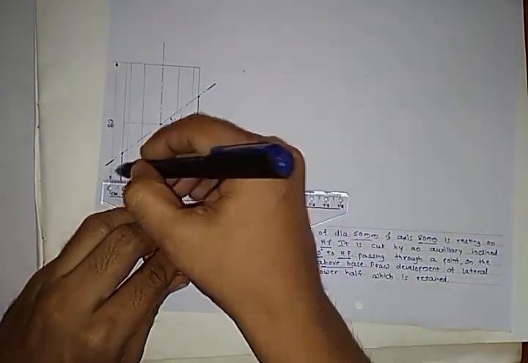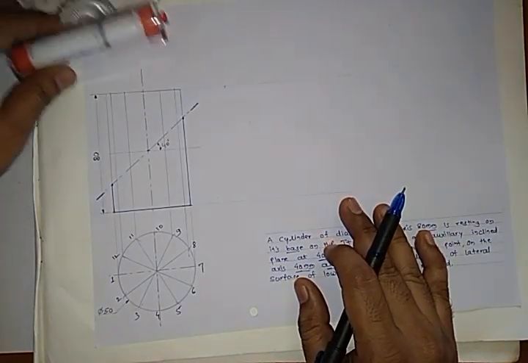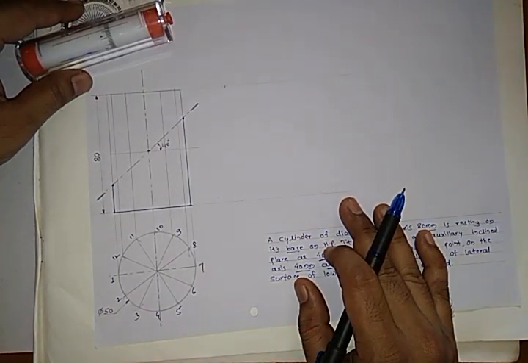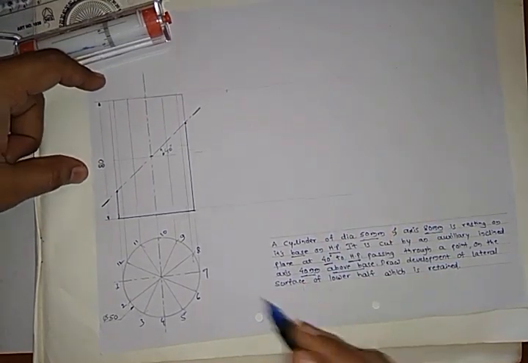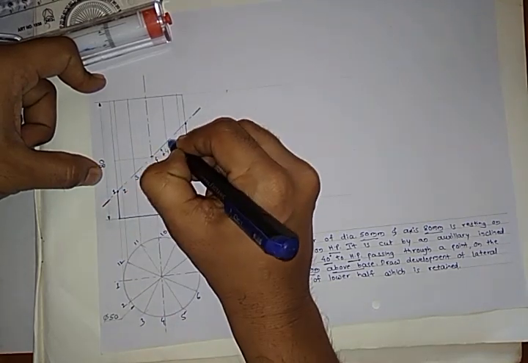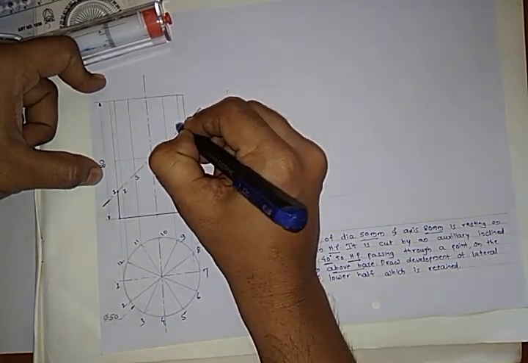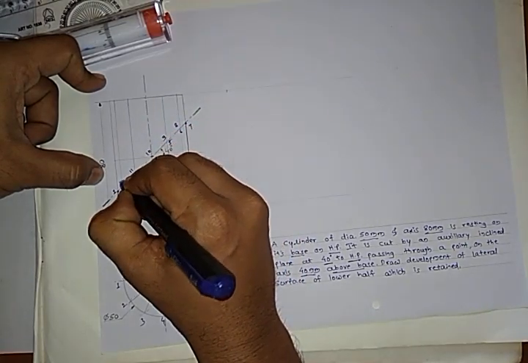Right. So this is the retained area which is available to us after cutting that cylinder. Okay, now we can mark those points also, here it is 1, then 2, then 3, 4, 5, 6, 7, then 8, 9, 10, 11 and 12.